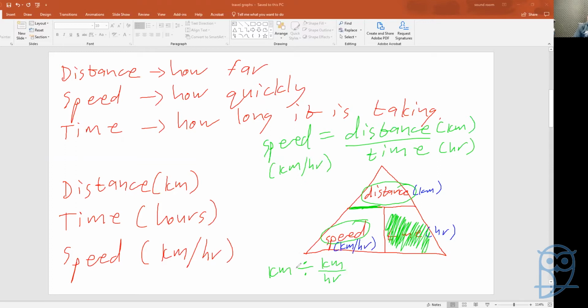And then I can tip and times this fraction. So that is kilometers times hours over kilometers. Do you remember tip and times? You flip the fraction and change the divide to a times sign. Kilometers in the top, kilometers in the bottom cancel, and that leaves me with hours, which is the quantity I am looking for. So that is distance over speed.